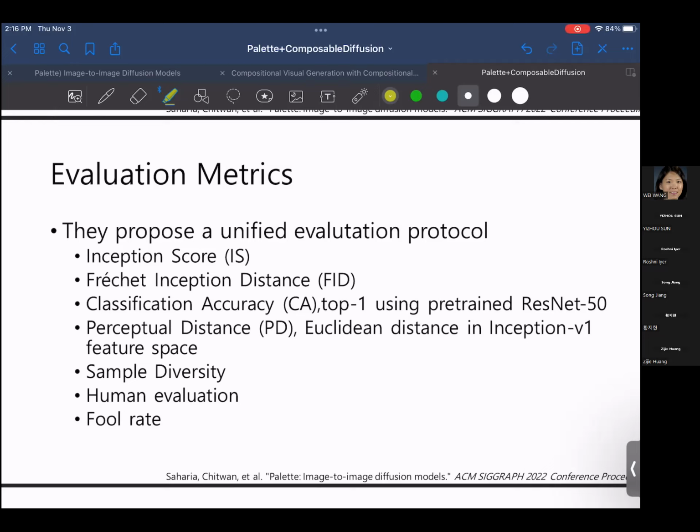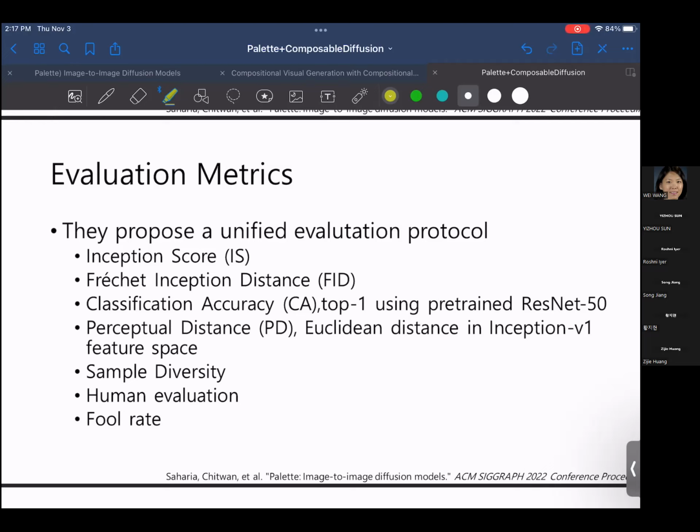In their paper, they used Euclidean distance in the Inception V1 feature space. They also use sample diversity for measuring novelty. And they also use human evaluation and fool rate, where fool rate means whether people can figure out if an image was generated by a human or AI.